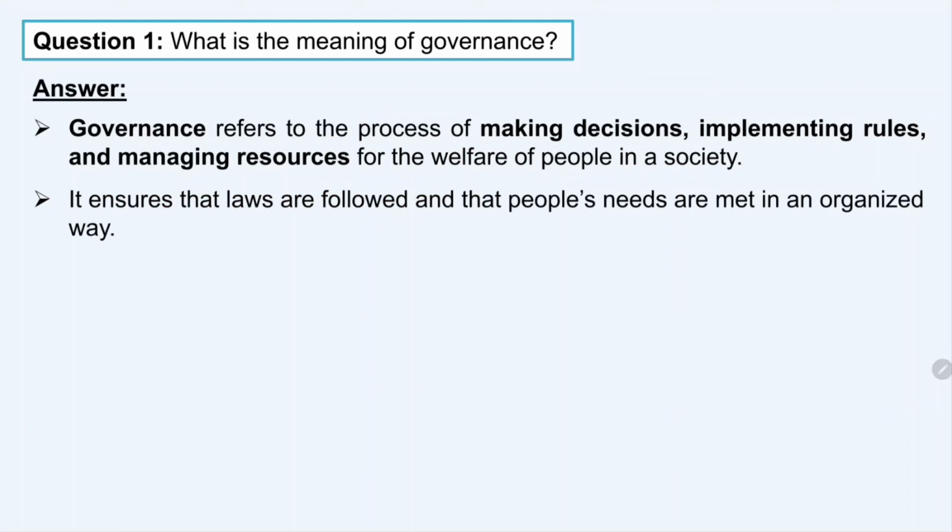So you can also add more points. It ensures that laws are followed and the people's needs are met in an organized way. So this governance also ensures that laws, that means the important rules, are followed and people's needs are always met in an organized way.